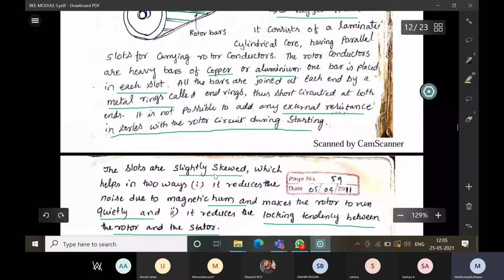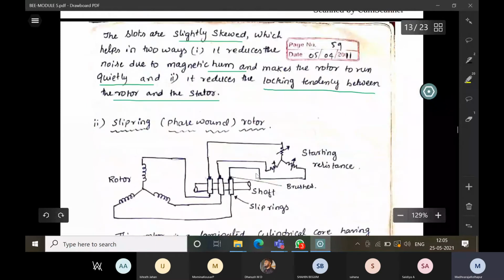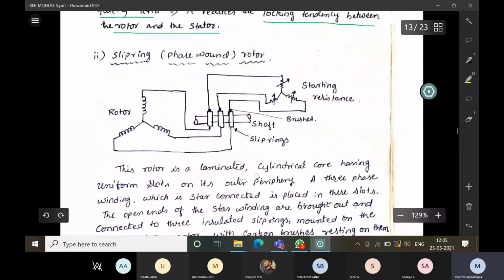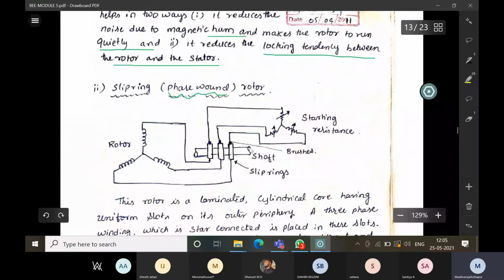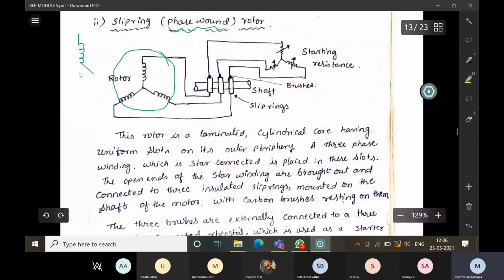Another type of rotor is called the slip ring rotor. It is also called a phase wound rotor. The stator is the same, sometimes star or delta.